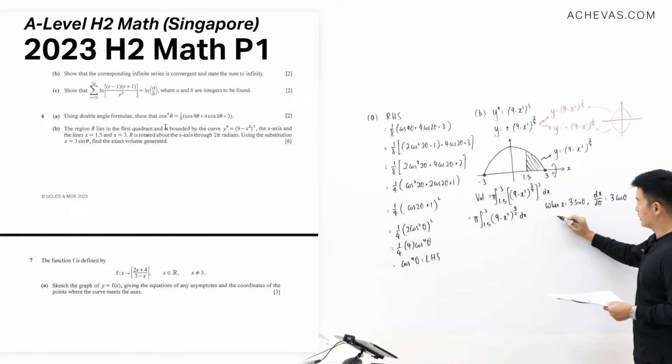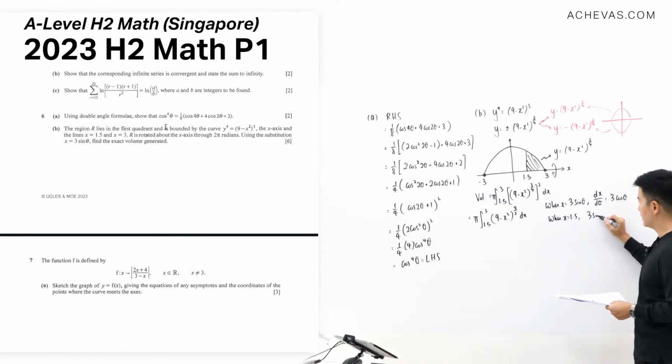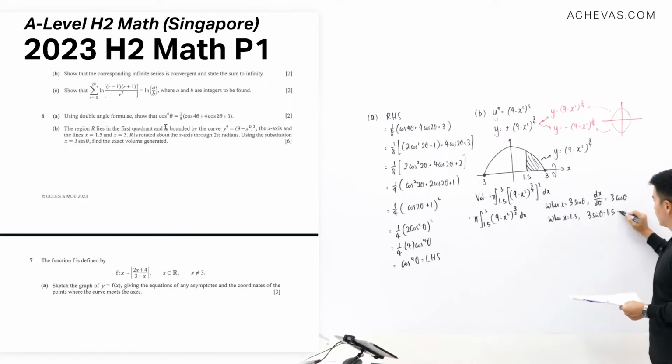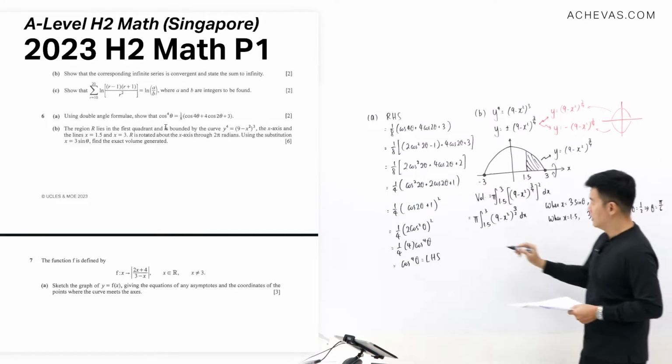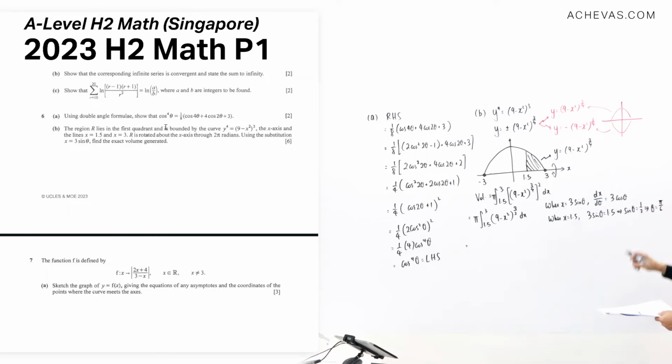So when x is equal to 1.5, then 3 sine theta is equal to 1.5, which means that sine theta is going to be equal to half. This tells us that theta is going to be equal to pi over 6. I'm going to just do the replacement as we try to write this down.